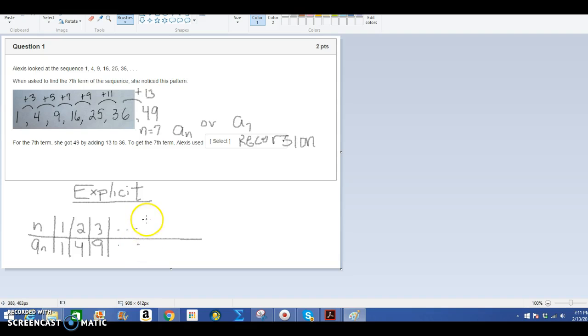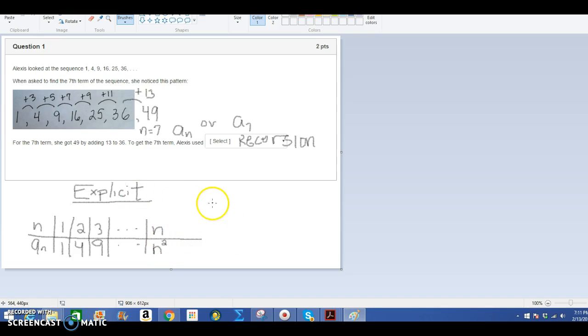If you recognize what's going on, you can say, if I'm looking for the nth term in the sequence, I can get the term by squaring the term number. You can see this relationship: 1 squared is 1, 2 squared is 4, 3 squared is 9, and n squared is n squared.